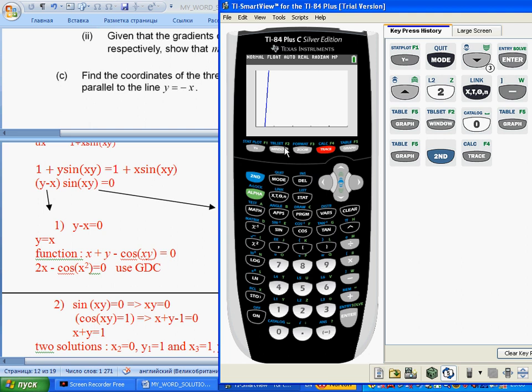Actually, it will be easier if we use intersect.